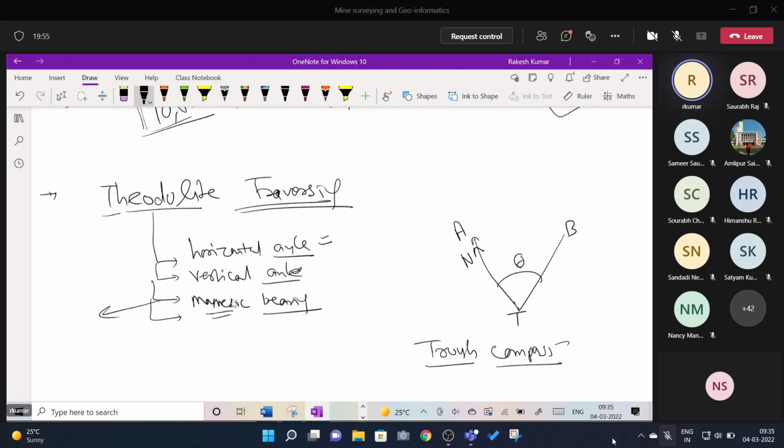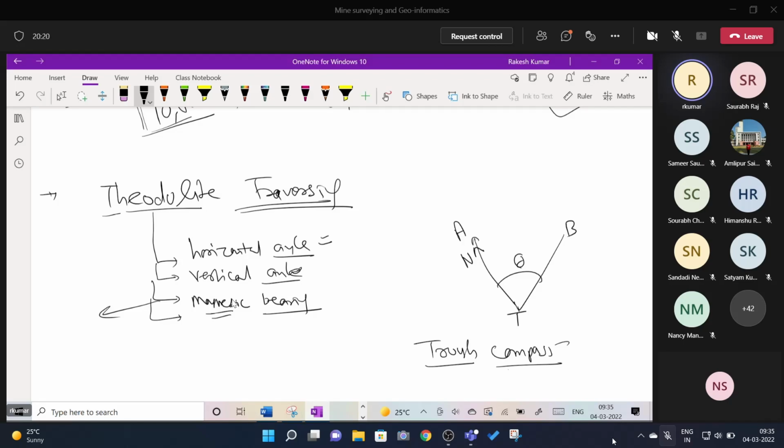So how do we do centering? Tell me. By plumb bob and tripod, and the bubbles from the theodolite.